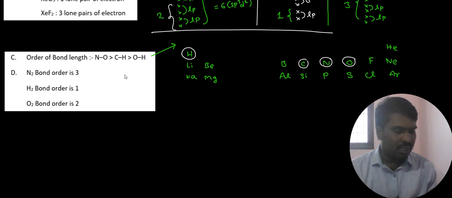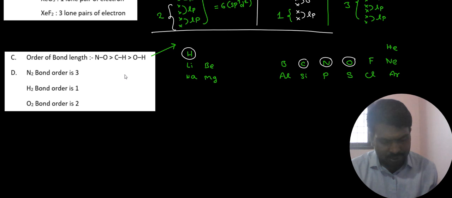Lithium, beryllium, boron, carbon, nitrogen, oxygen, fluorine, neon are second period elements. Sodium to argon are third period elements. Here the four atoms required are hydrogen, carbon, nitrogen, oxygen.